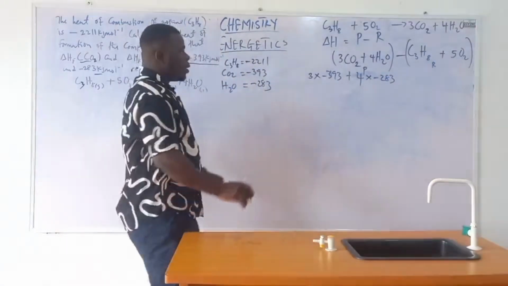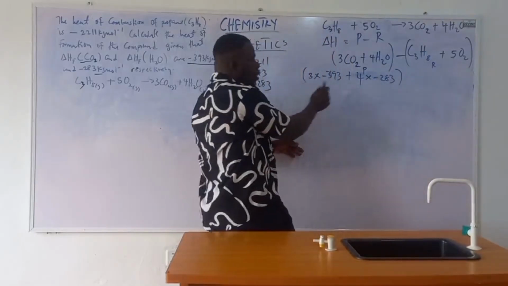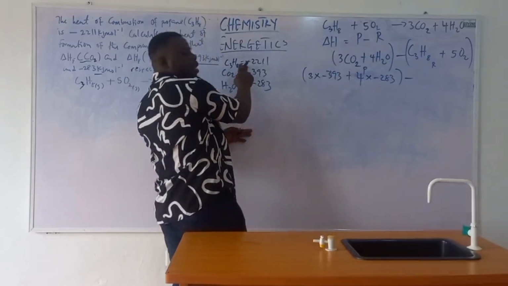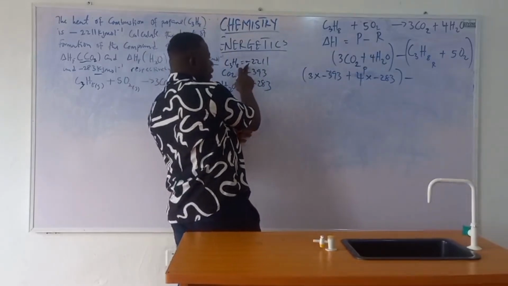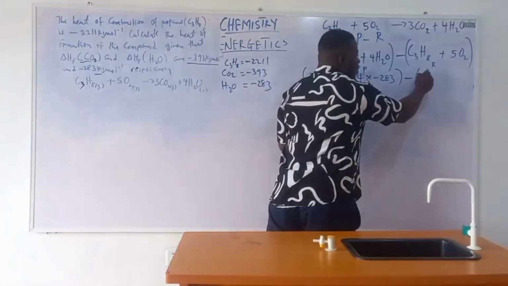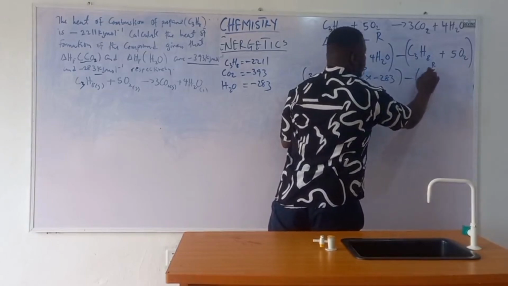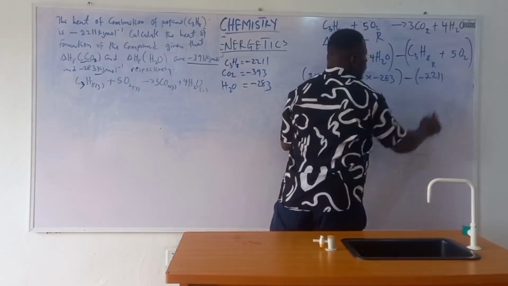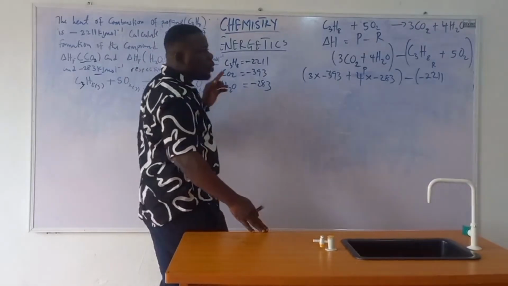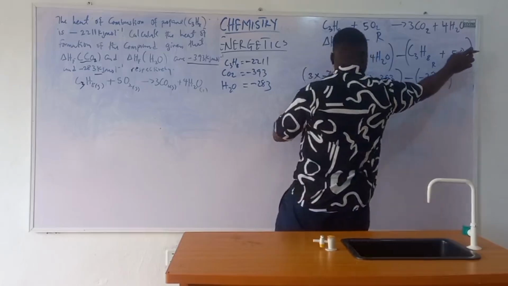Okay? Now, this is our product, minus, what about the reactant? The value for C3H8 is minus 2211, plus oxygen. The value for oxygen was not given anywhere. So therefore, this one is out of the picture.